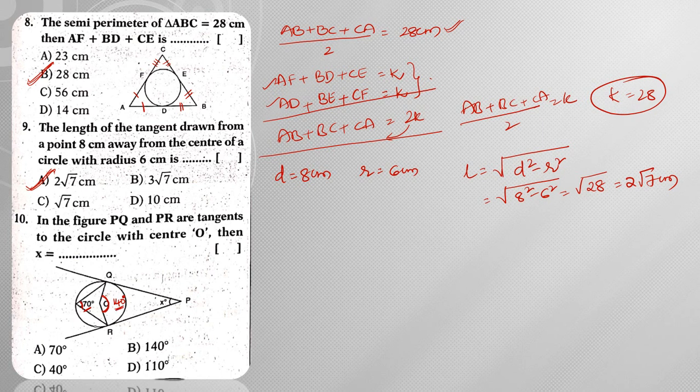So if it is 70, then this is 140 degrees. If this is 140 degrees, then this particular angle will be the supplement of 140. Supplement of 140 is 180 minus 140, which is equal to 40 degrees. Hence the value of X is 40 degrees. So clear, the answer is 40 degrees.